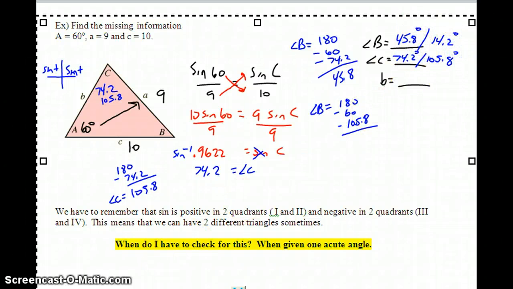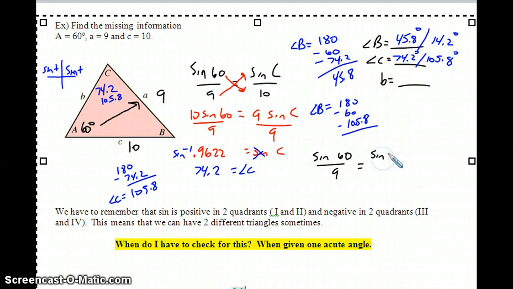So now let's try to find side B. If I'm going to try to find side B, let's use 60 and 9 because that's the information we were given. And let's first find side B when angle B is 45.8.